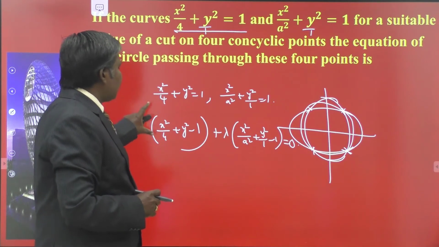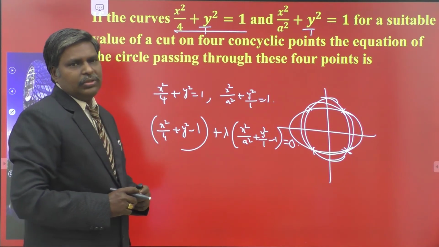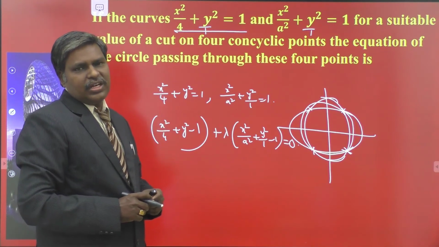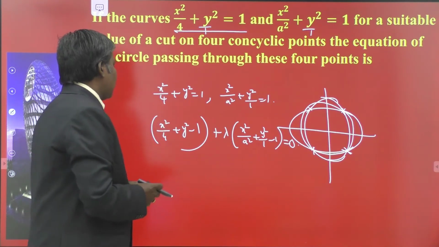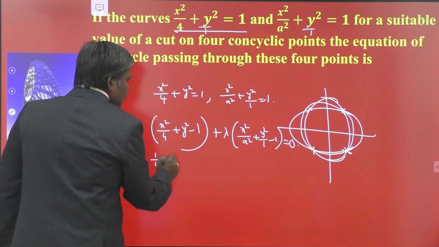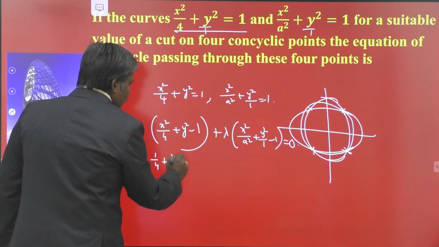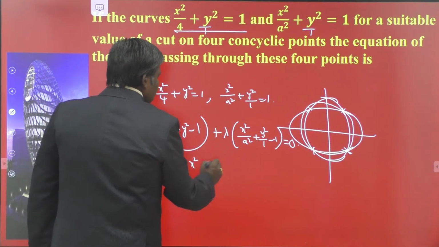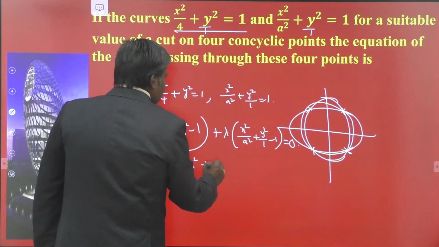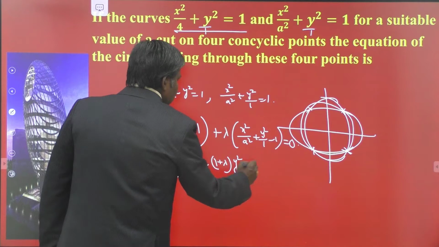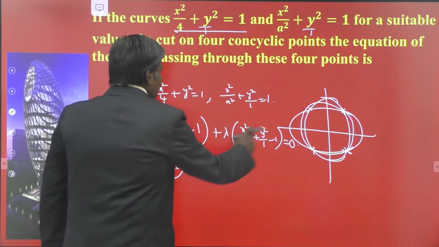So if it represents a circle, we have to apply the conditions, that is, coefficient of x square equal to coefficient of y square and xy term absent. For that, first of all you have to write (1/4 + lambda/a square) times (x square + y square) + lambda y square, that is (1 + lambda) times y square, equals minus lambda minus 1.